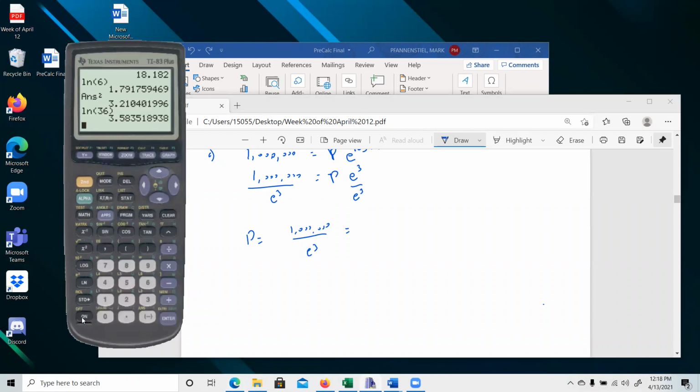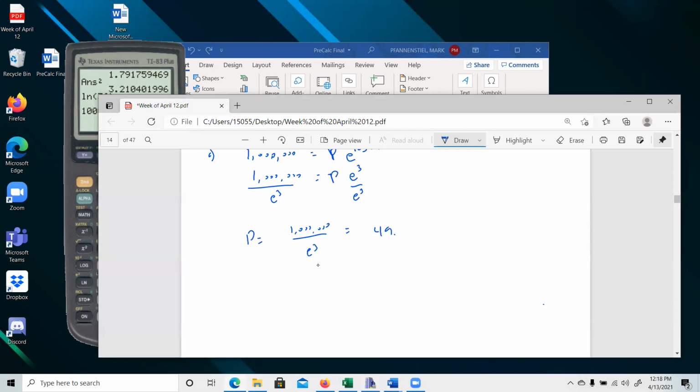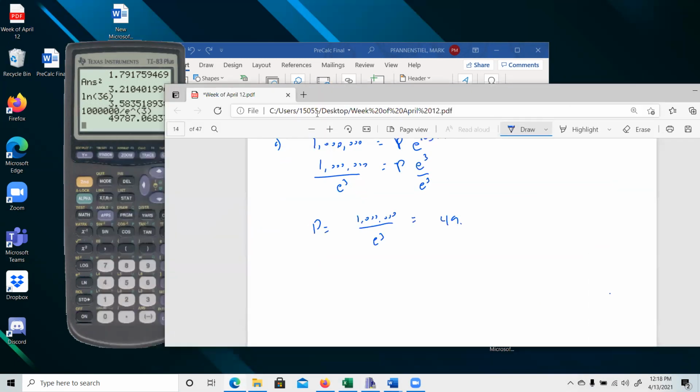So we're going to say $1 million divided by second function ln, that'll give me e to the 3. And then equals, and what do we end up with? We end up with 49,787.0607.